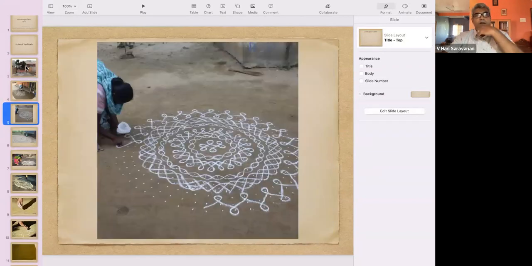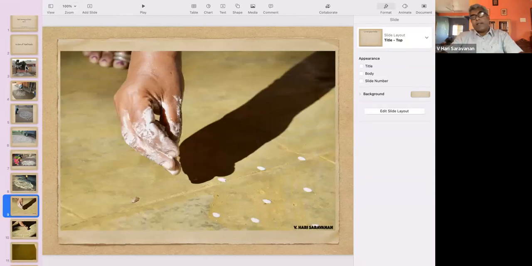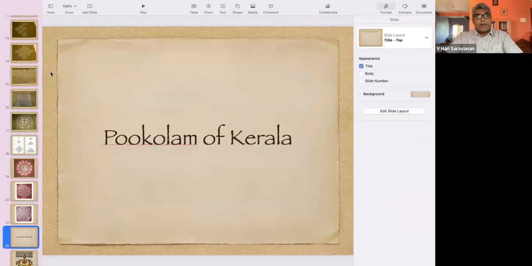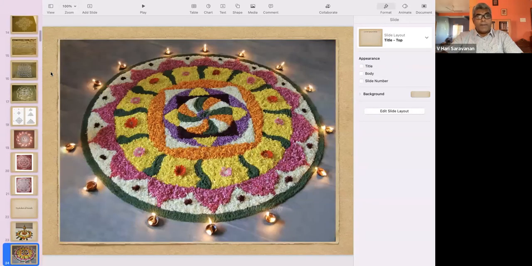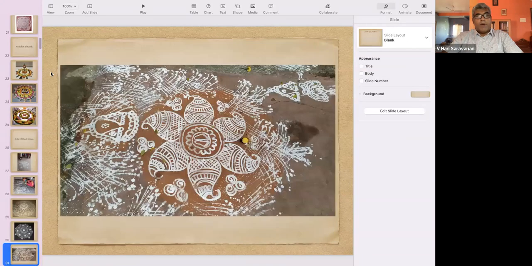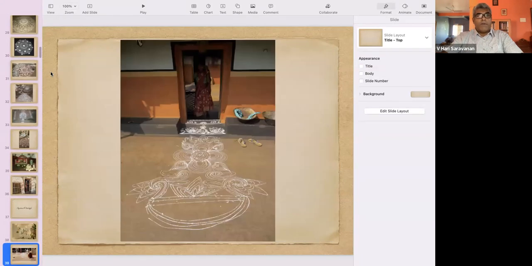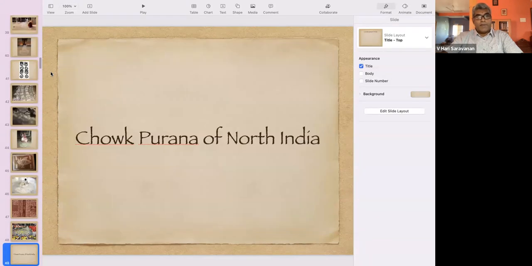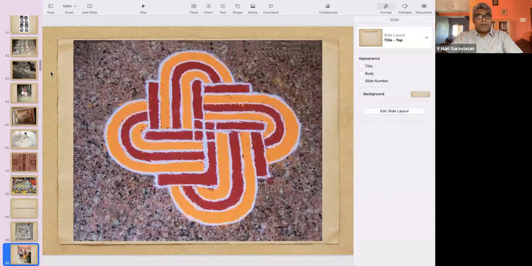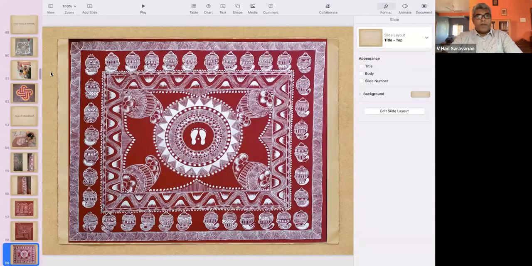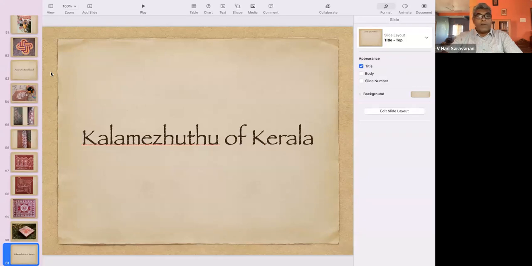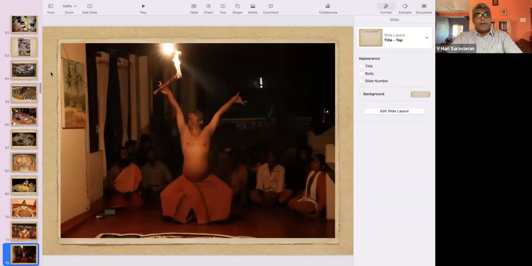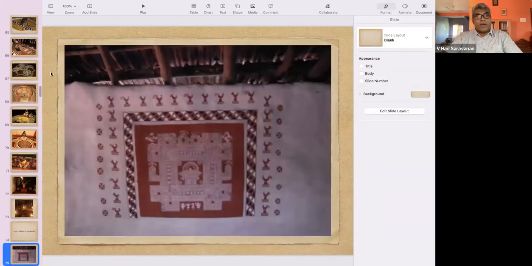floor paintings, starting with Kolam in Tamil Nadu. Then we went on to Kolam in Kerala, Alpana in Bengal, followed by Aipan in the Kumaon region of the Himalayas, then Chaukpurna of North India, followed by which we went to Kalameluthu, the ritual floor drawing done in Kerala, and also the Hase Chitra from Karnataka.